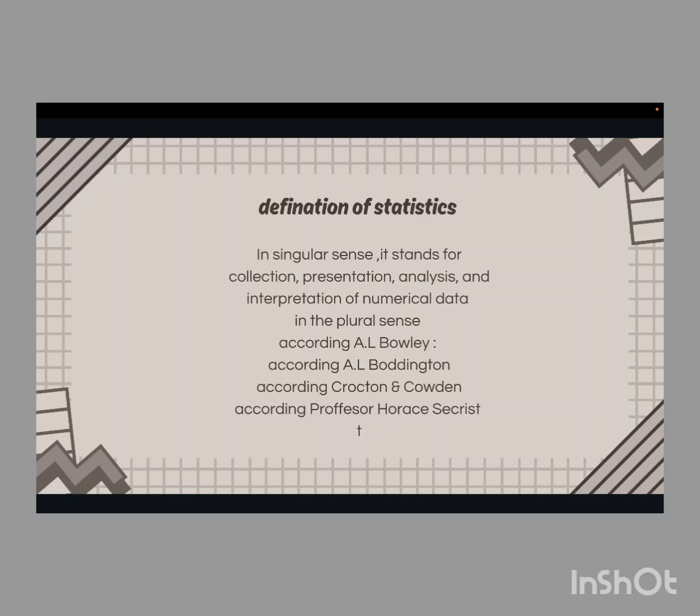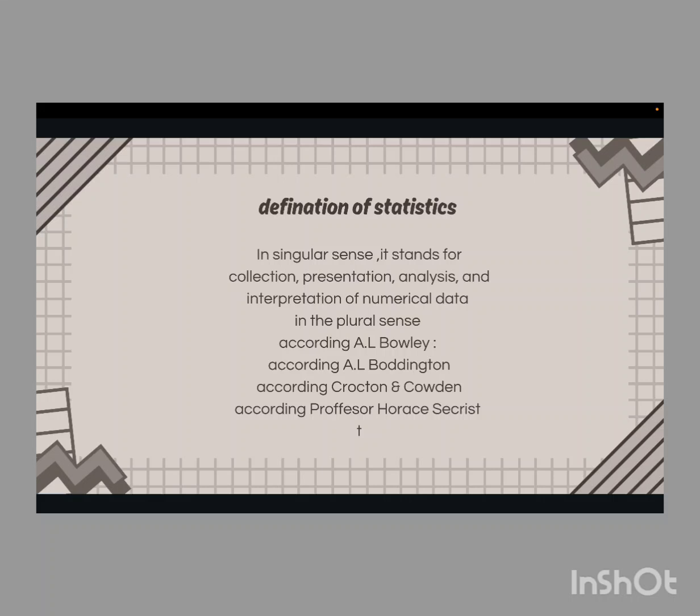Then Professor Horace Secrist's is one of the most important definitions and is generally asked for 2 markers. He says statistics may be defined as the aggregate of facts affected to a marked extent by a multiplicity of causes, numerically expressed, enumerated, or estimated according to a reasonable standard of accuracy, collected in a systematic manner for a predetermined purpose and placed in relationship to each other.